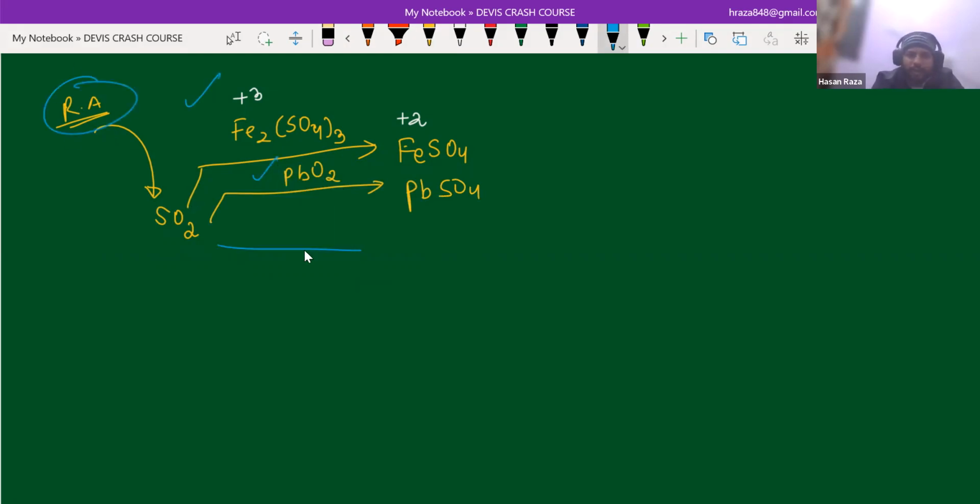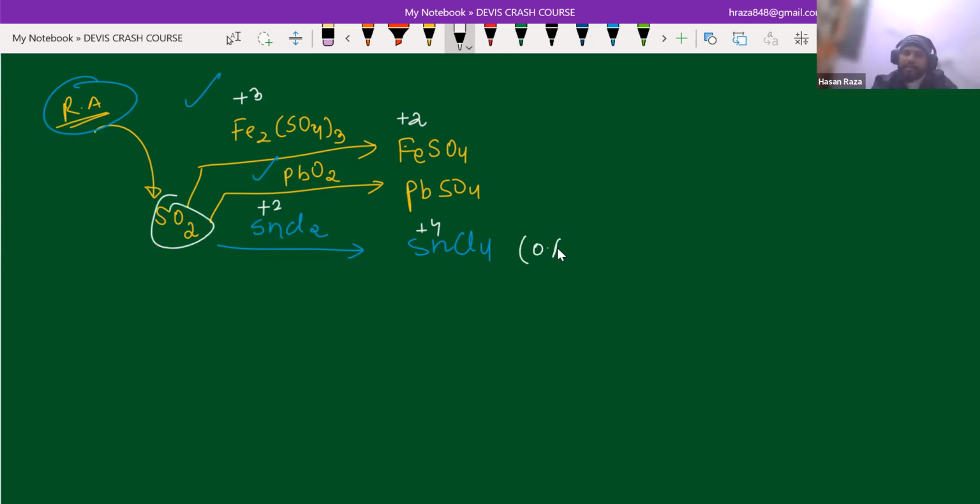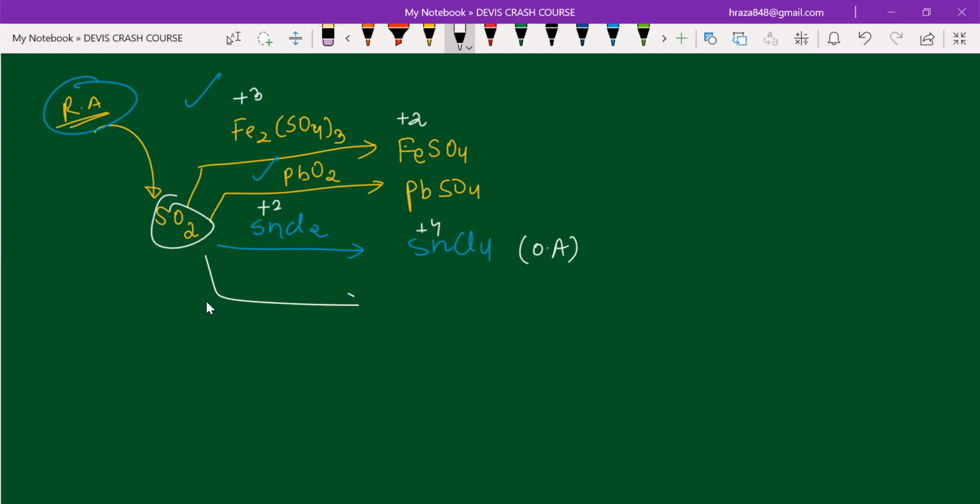Now if you react it with SnCl2, it will be converted into SnCl4. If you look at this, it goes from +2 to +4, which means the tin is oxidized. That means SO2 is basically acting as an oxidizing agent as well. It has both characters.